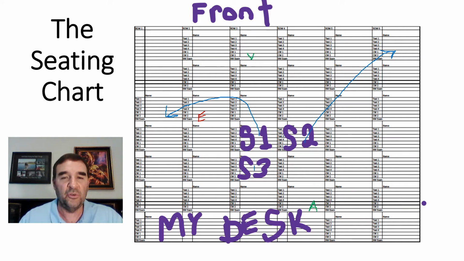So I'll take student 3 and move student 3 one desk closer to me so that we are able to address that when necessary. So by changing the proximity of these students with each other, I have effectively done quite a bit of classroom management and prevented further problems from occurring.